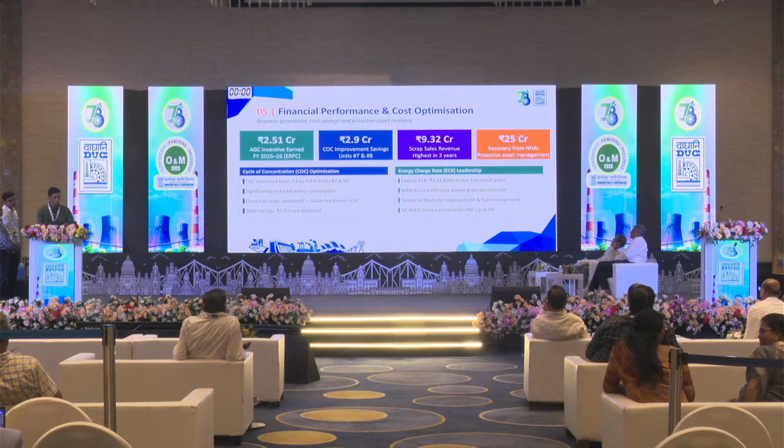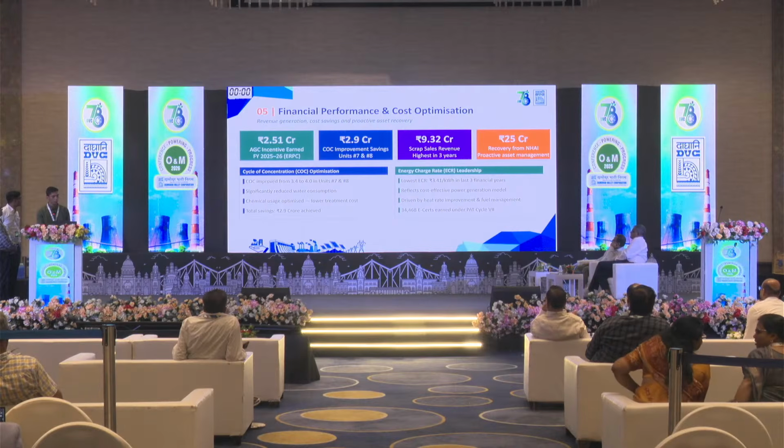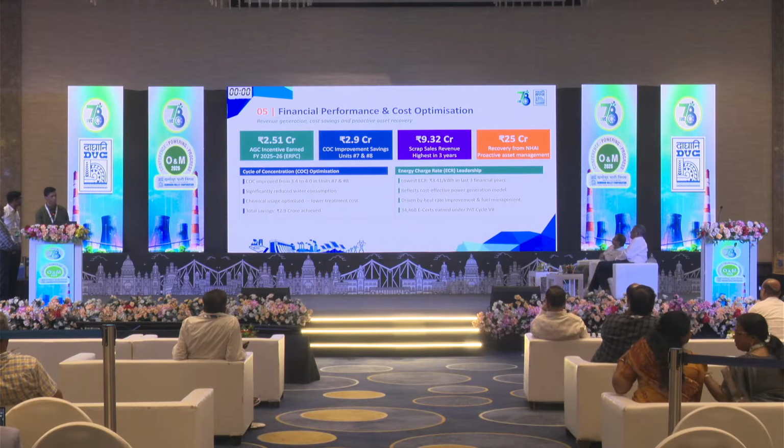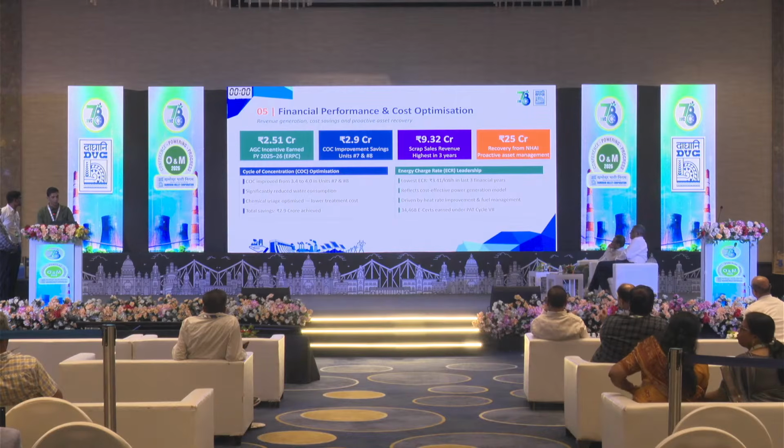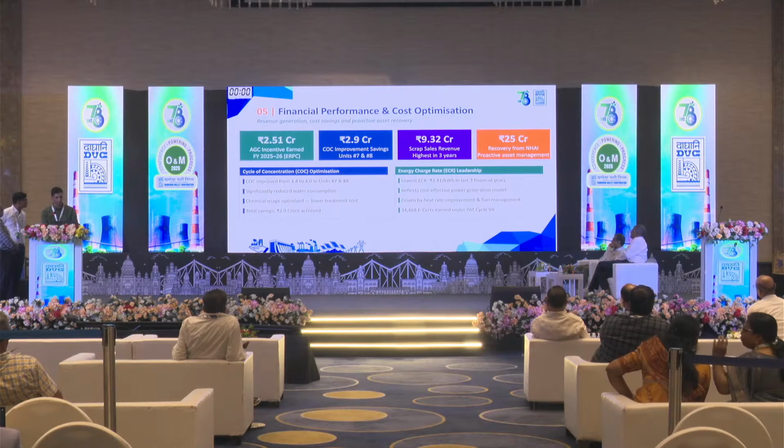Moving on to financial performance and cost optimization, AGC incentive earned for this financial year was 2.51 crores for Unit 7 and 8. This is apart from the energy charge. This is just the incentive, which is about 50 paise per kilowatt hour for the average generation in APC. We also saw COC improvement for Unit 7 and 8. COC improved from 3.4 to 4.0.